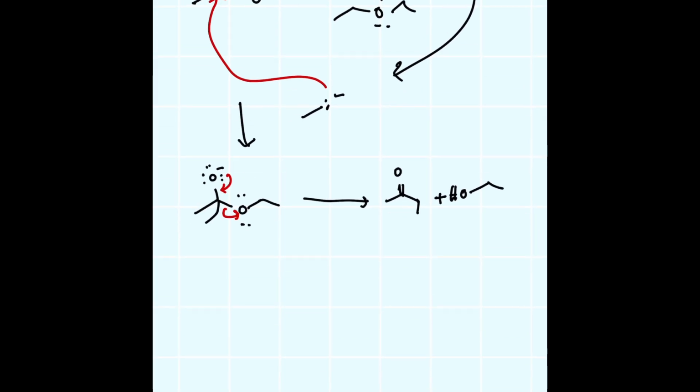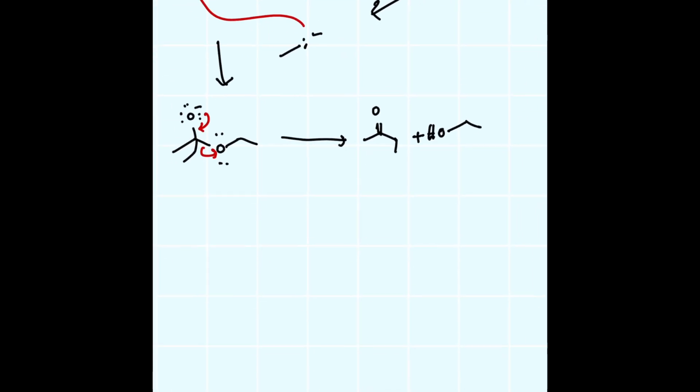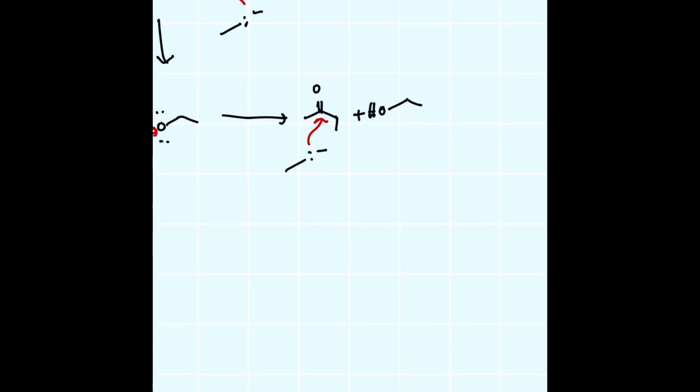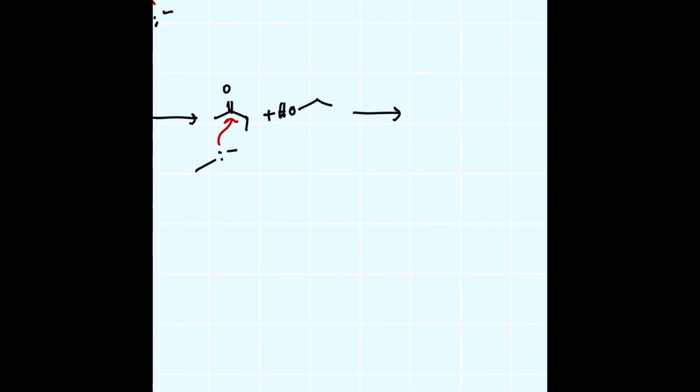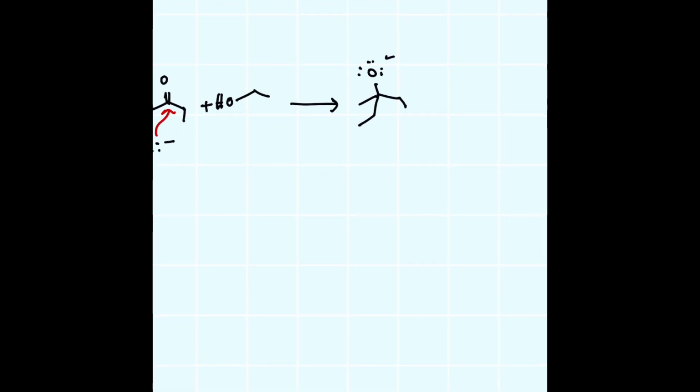So since we have two equivalents, that means that there's going to be another nucleophile in our reaction mixture which can go and attack this guy again, which will give us this species right here.